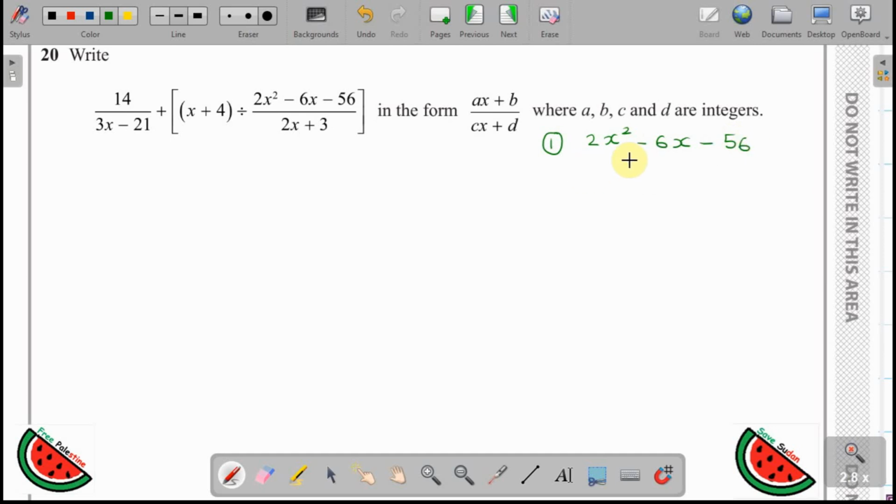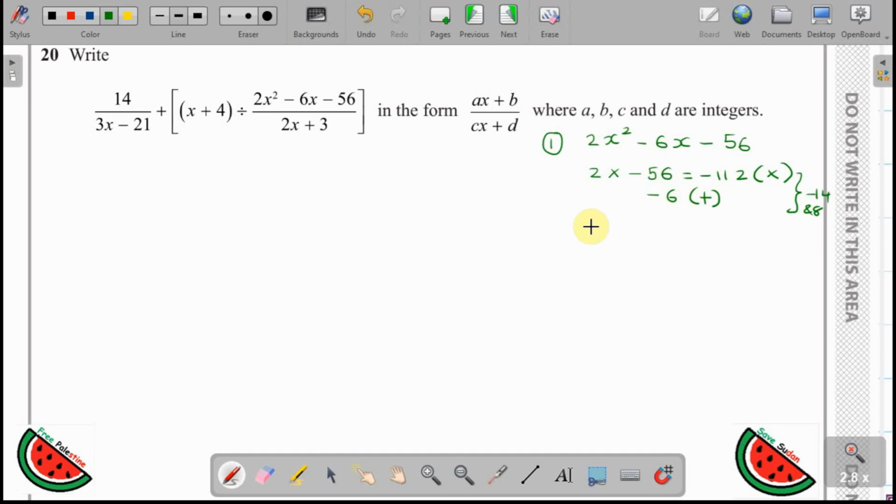When I try and factorize this, I need two numbers that multiply to give the product of 2 and minus 56, which is minus 112, and the same two numbers add to give minus 6. Those two numbers are going to be minus 14 and 8.